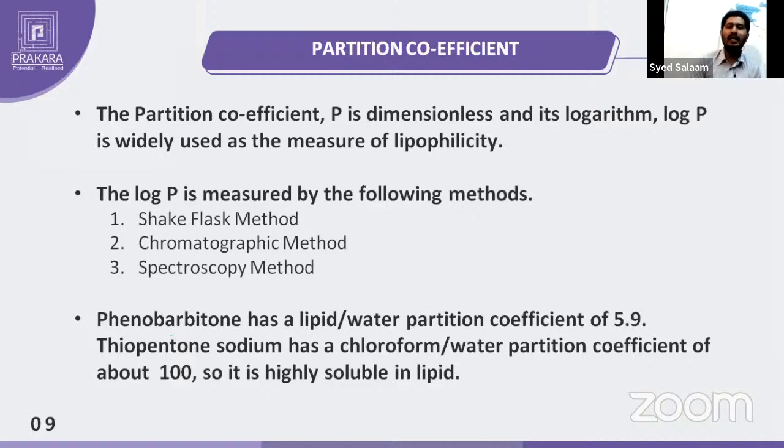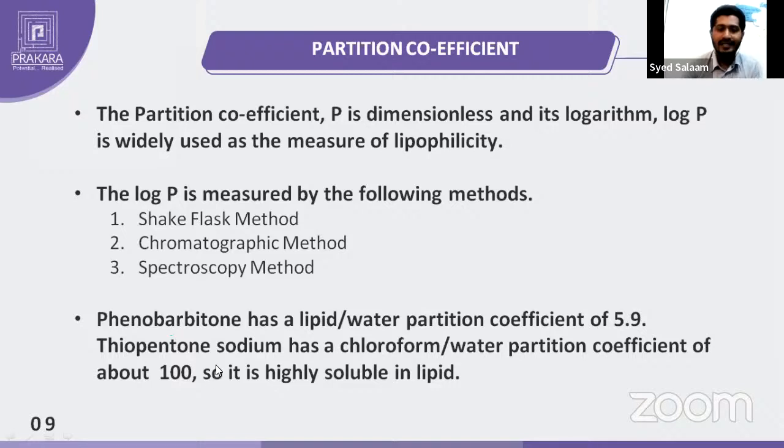So how will this partition coefficient be effective for the drug? Let us take an example and then identify. Here we are taking phenobarbital and comparing it with thiopentone sodium. Both belong to the category of sedatives and hypnotics. Phenobarbital has a lipid water partition coefficient of 5.9.